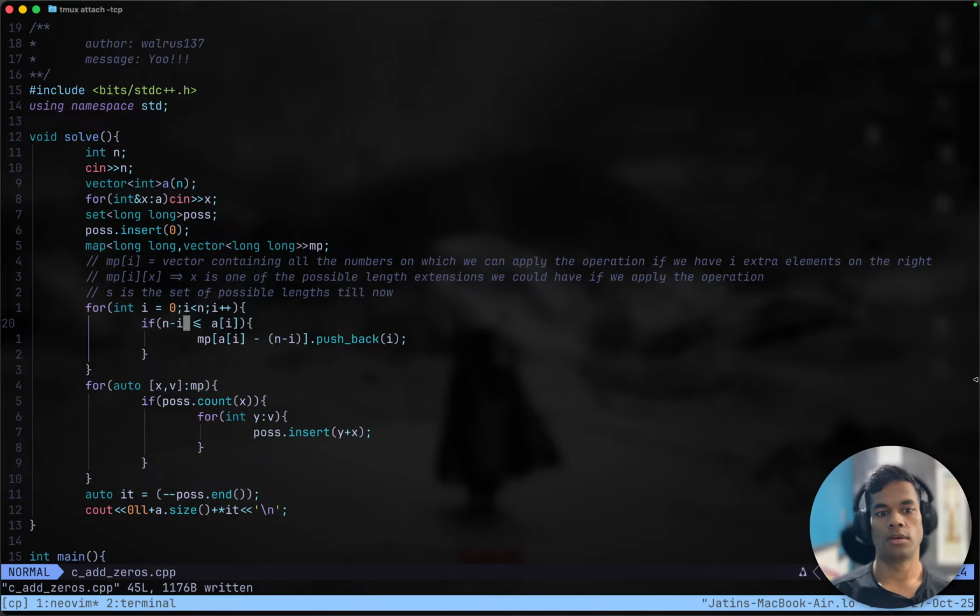Yes, okay, this is okay. A_i has to be at least the number of elements to the right, which makes sense, so much sense.